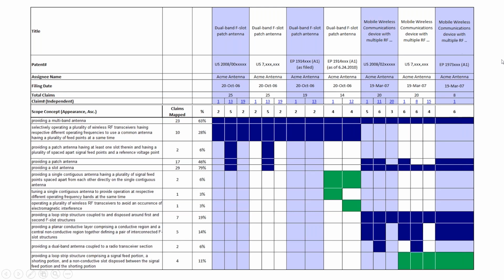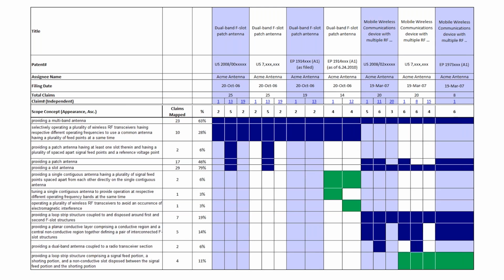Essentially, these are claim elements or paraphrasings of claim elements, and then they're mapped across the various matters within the portfolio. So you can see what kind of coverage actually exists within and between the matters in this family.